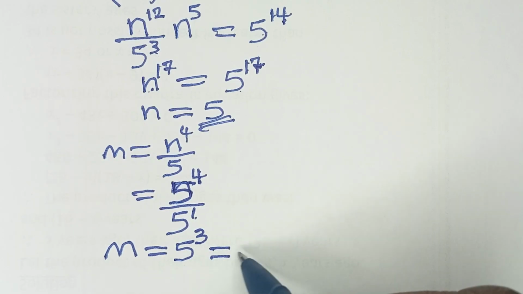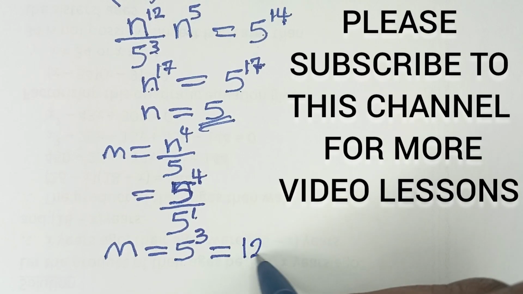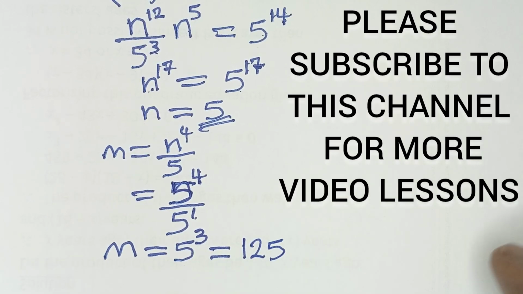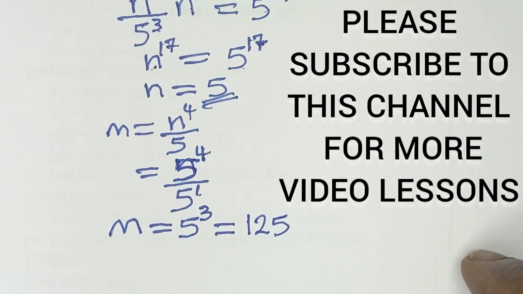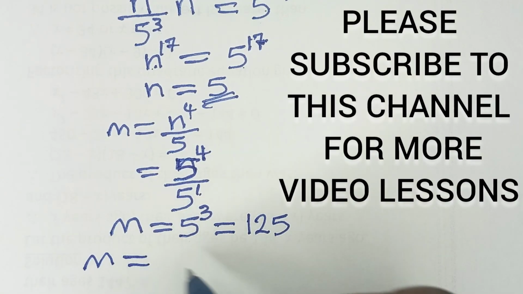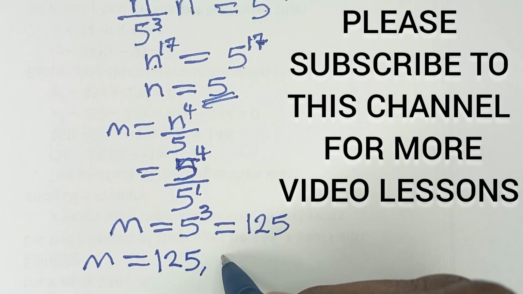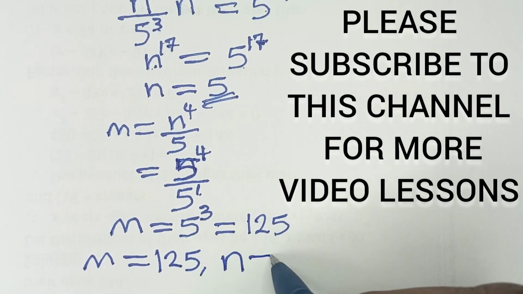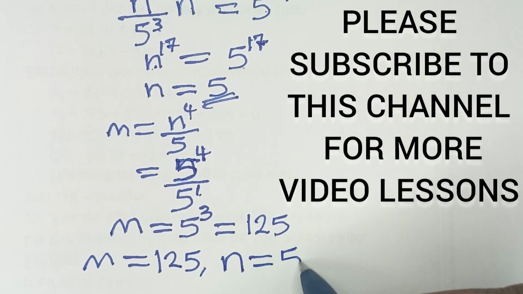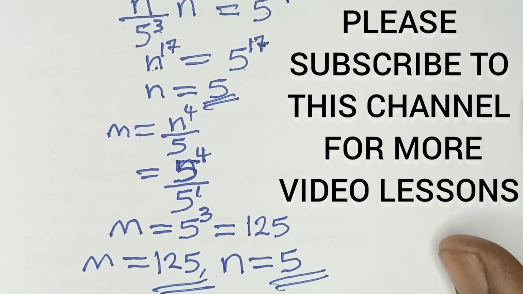That is 5 times 5 times 5, 3 times. 5 times 5 is 25, 25 times 5 is 125. So finally, we can conclude that m is equal to 125, and n, as we obtained before, is equal to 5. These are the two final answers.